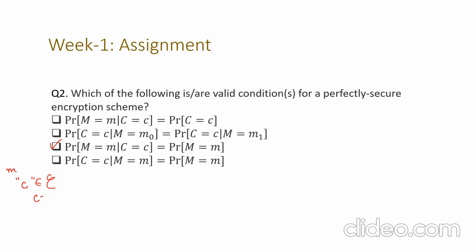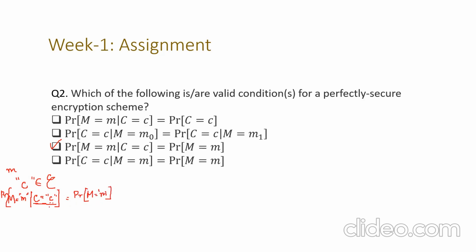Now, if the ciphertext takes this particular value, small c, from the ciphertext space that the adversary can see, after seeing that, what information can it infer about the underlying plaintext message? So, the probability that the message underlying this ciphertext small c is small m, which is some particular message from the message space, should be exactly equal to the probability that this message is small m when you have not seen the ciphertext.